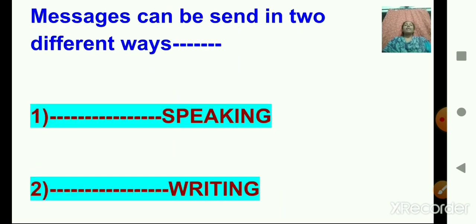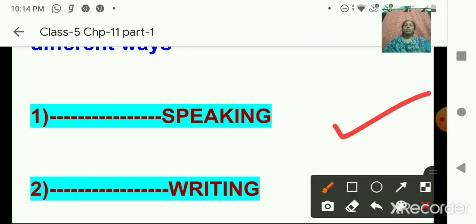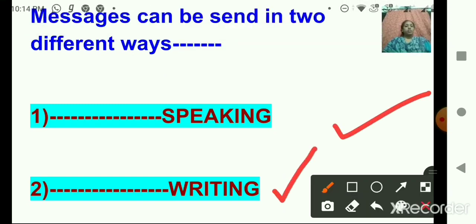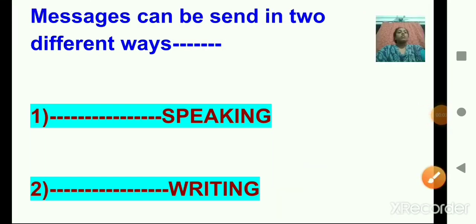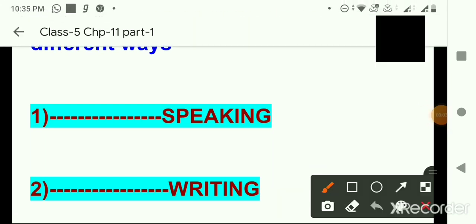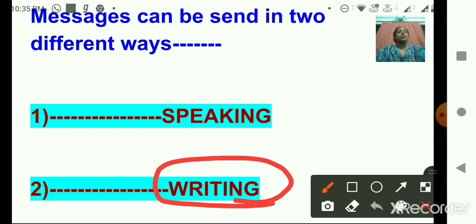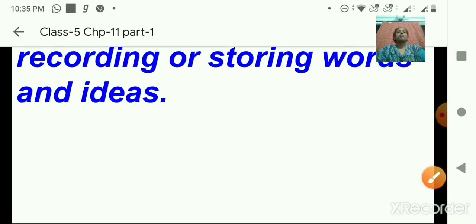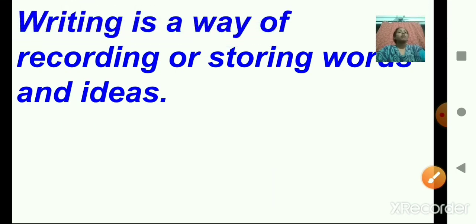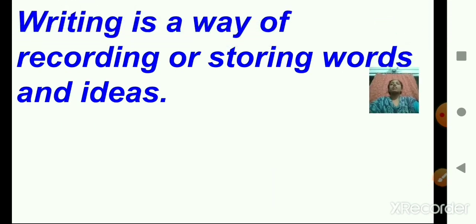So messages can be sent in two different ways. The first way is speaking and the other one is writing. First of all, let us focus on writing messages. Now children, what do you mean by writing? Writing is a way of recording or storing words and ideas.